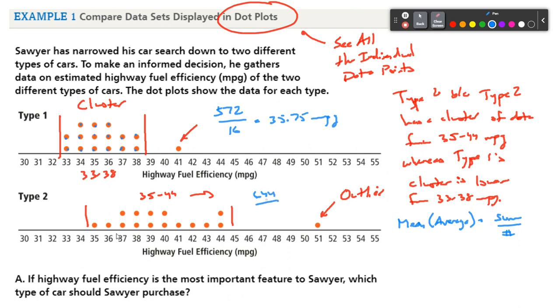And when I divide that by 16 as well, this is going to be an average of 40.25 miles per gallon. So obviously Type 2 has a higher average of 40.25 miles per gallon. So I would probably pick Type 2. Okay, so there's our introduction to dot plots.